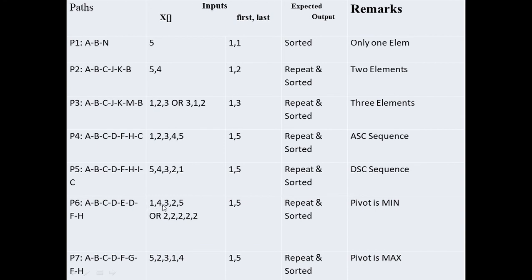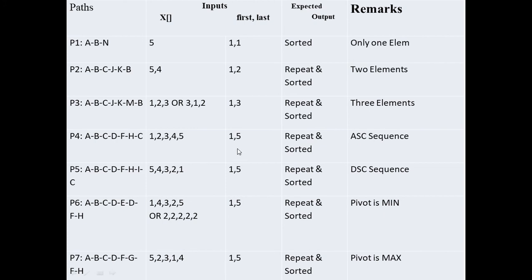We need to put it in a proper position, and after so many traversals, we need to get the sorted array. And finally, we have pivot as the maximum. We are taking 5 as the pivot, and we need to apply the sorting algorithm to get the sorted array.